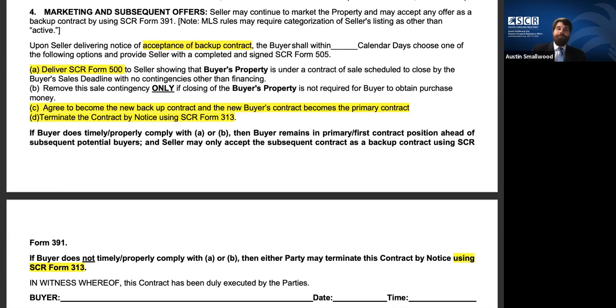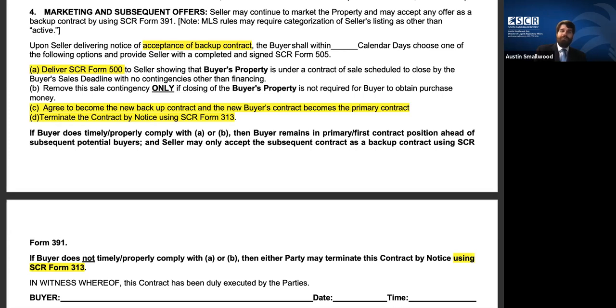So the seller can continue to market their property even though they've gone under contract with the Ohio buyer. And at any point, if the seller has accepted a backup contract, they will go to the Ohio buyer and say, within so many calendar days, you need to show us that you've met one of these 4 criteria, because this is going to determine what happens with this backup contract.